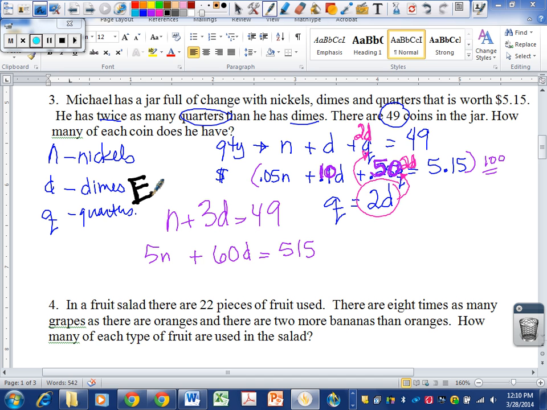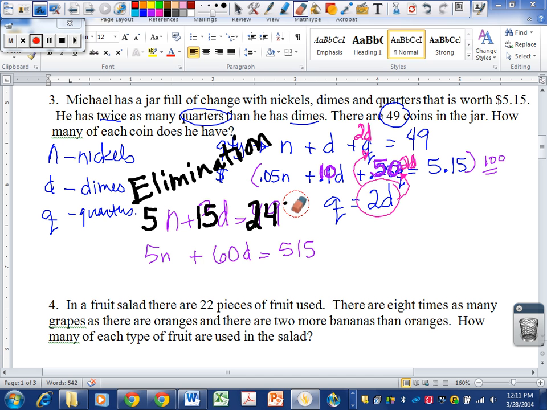So I'm going to multiply my top equation by 5. So 5n plus 15d equals 245.